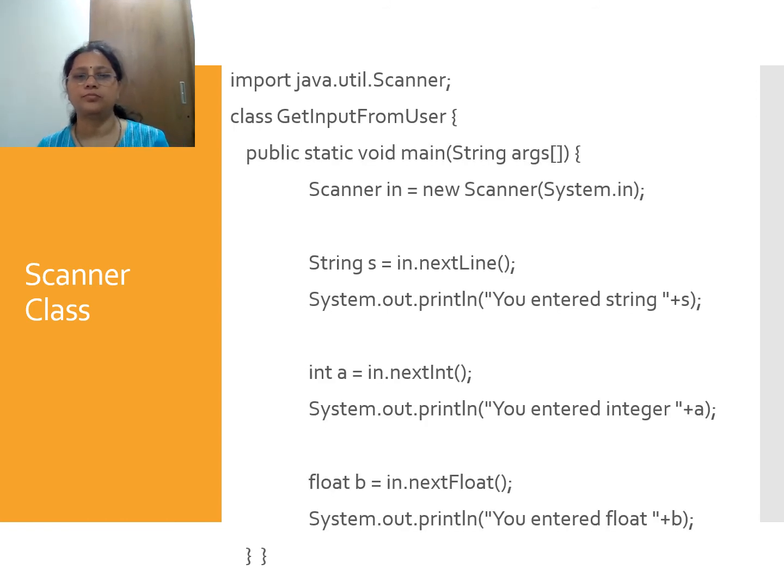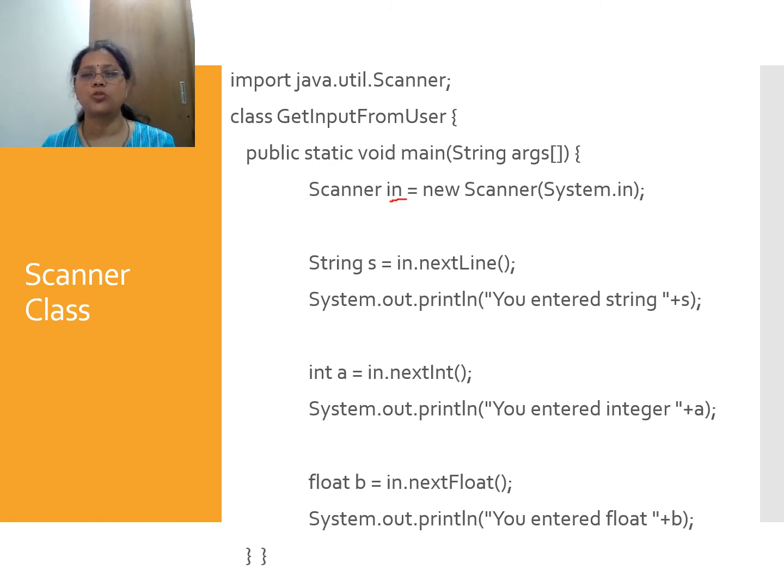Here you can check, Scanner is a class from util package. So this util package is imported, and from util package Scanner class is imported. Get input from user is the class name, while the method, that is main, is written in main.